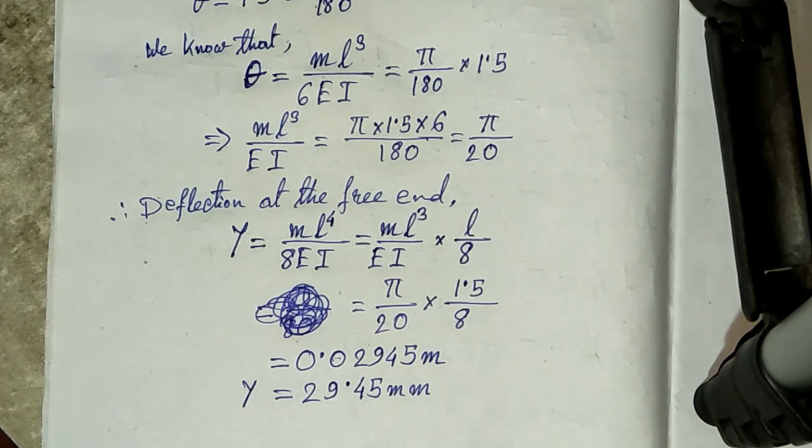We learned the three types of situation for cantilever beam, and also did a simple numerical on it. In the next lecture we will learn about the simply supported beam, the double integration method for simply supported beam, and the moment of area method.